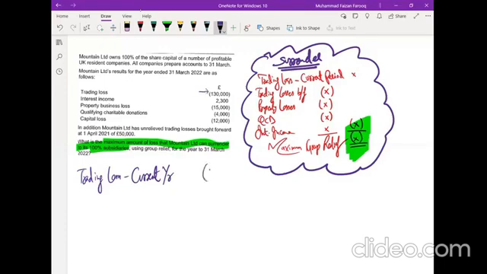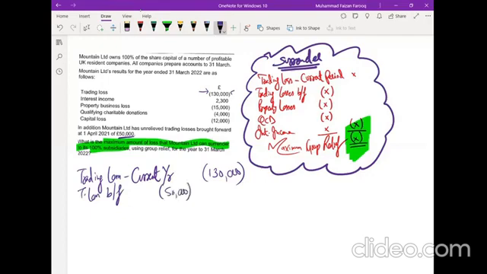Is it 130,000? Okay. This is the loss they incurred. Now the format. Trading loss brought forward. Do we have any brought forward loss? Yes. How much? 50,000. Here it is. Very good. Trading loss brought forward 50,000 with a negative sign.